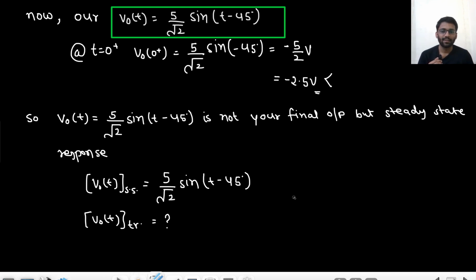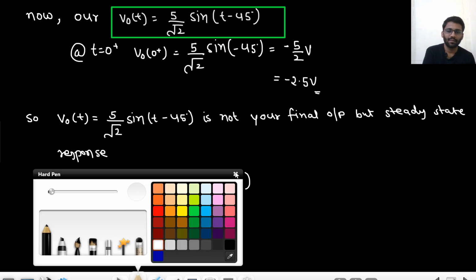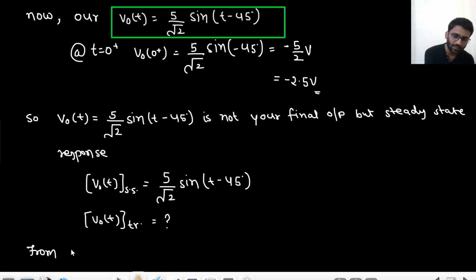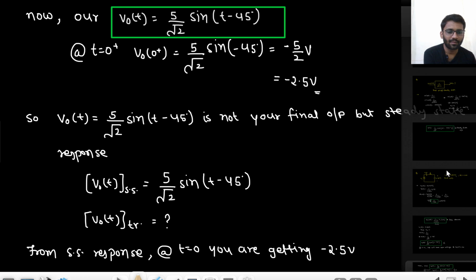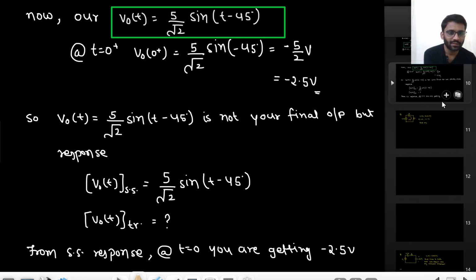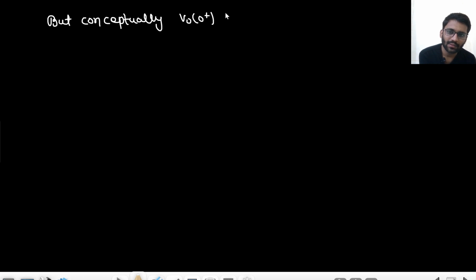What I mean to say is that from the steady state response, at t equals 0, you are getting minus 2.5 volt. But conceptually, V naught 0 plus should be 0 volt.